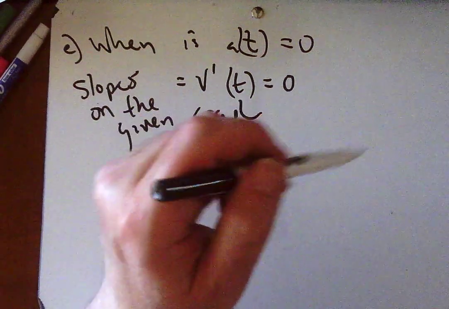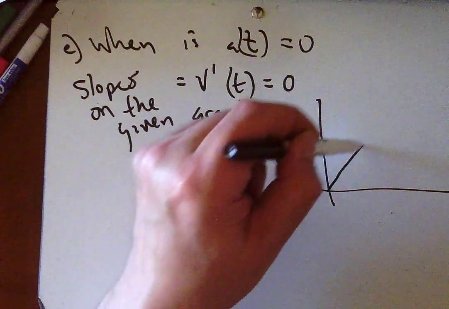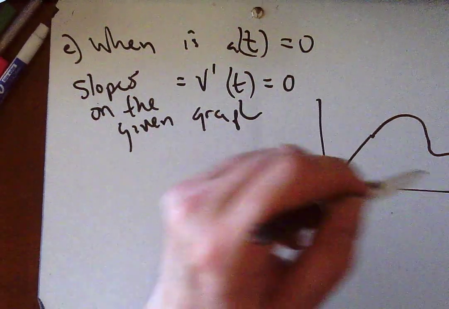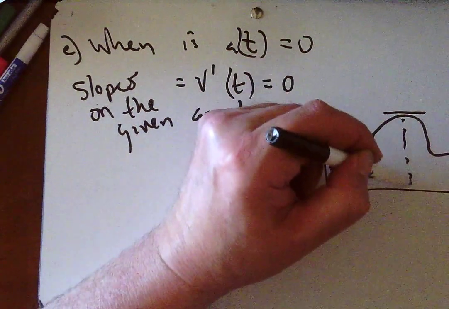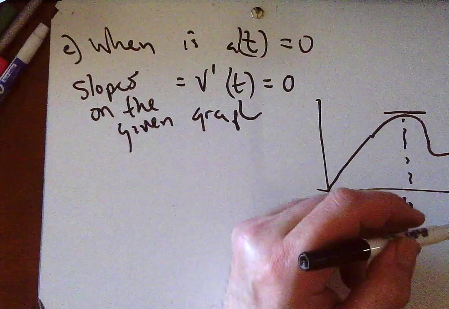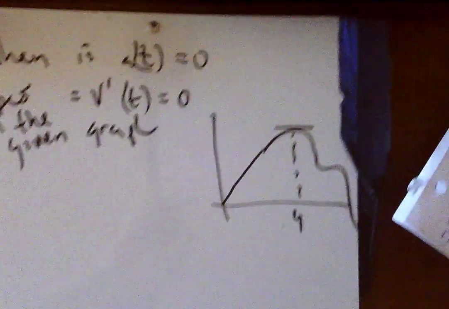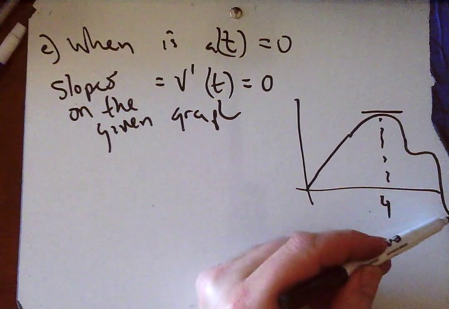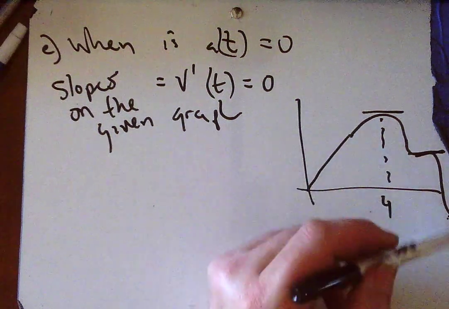And so it looked to me, when we were looking at this graph, that we had 3 places. One of them was here, and that was about 4. There was another one over here in negative land, and there was also this one here.